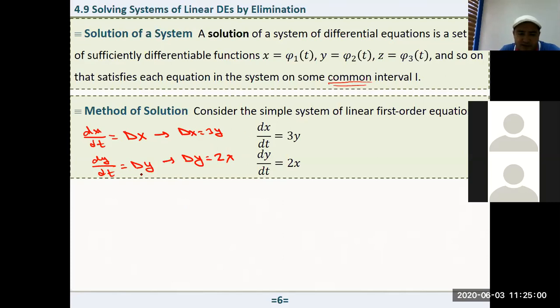It is t. If you have something in terms of t, you can keep this on the right hand side, right? We need to write this in standard form. So if you just take this to the left hand side, then this equation becomes Dx minus 3y is equal to 0. The second one is Dy minus 2x is equal to 0, right? System of differential equations. And also they are linear because we do not have the product of 2 dependent variables here, right? So how do you solve this now?